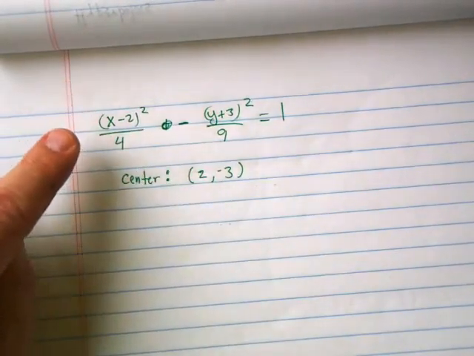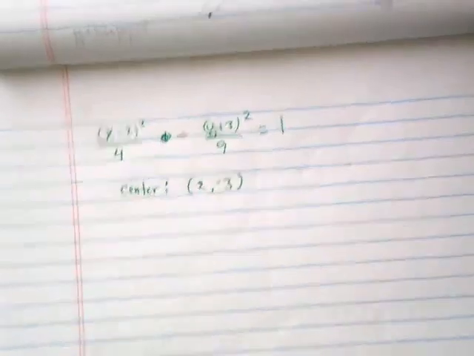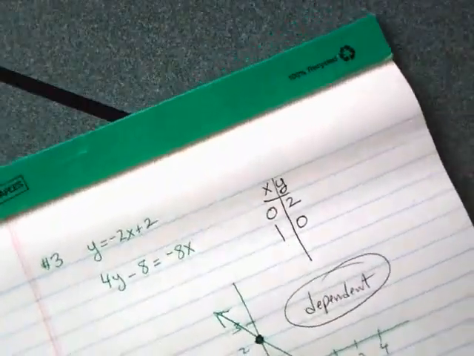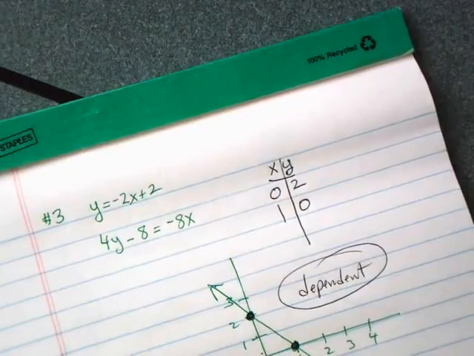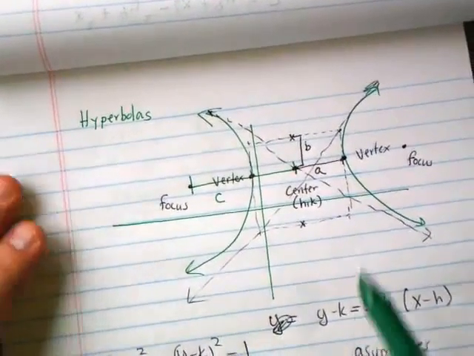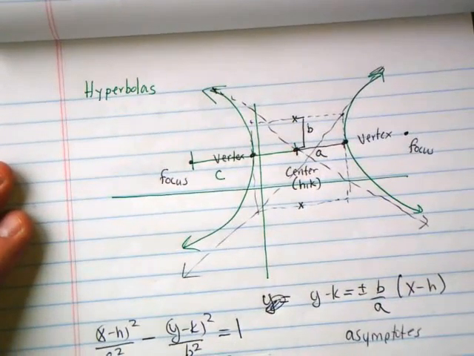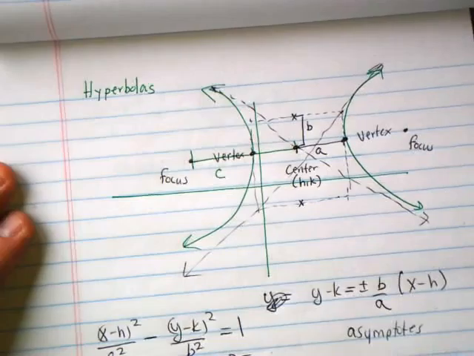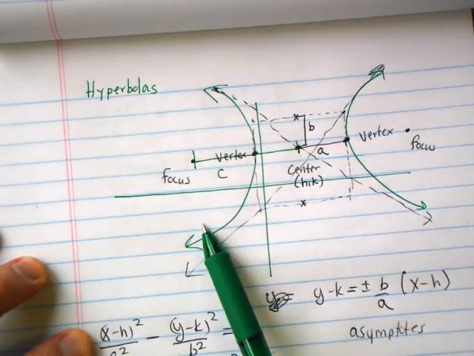I just said it made a difference in the way the equations are written. But notice back here, nowhere did I say in this definition that A had to be bigger than B. I just said if the x is the positive one, then it's going to open left and right.